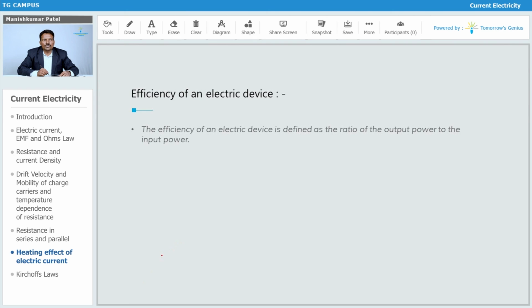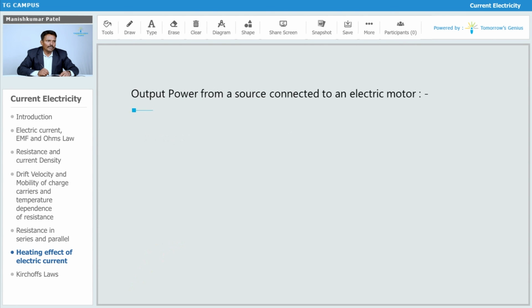Now, what is the efficiency of an electric device? Again, the efficiency of an electric device is the ratio of output power to input power. In the case of an electric motor, the output is epsilon I minus I square R. For maximum power output, dP by dI has to be 0.